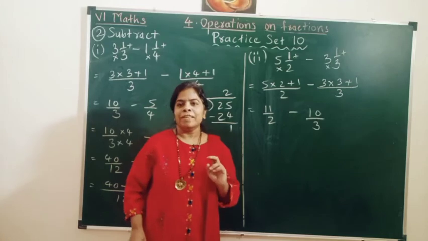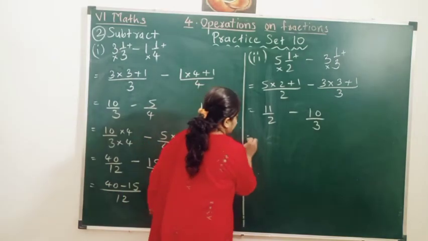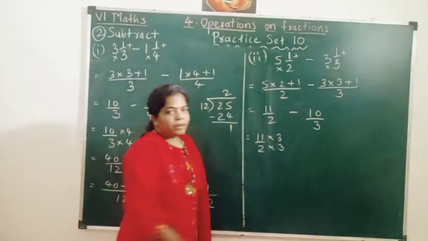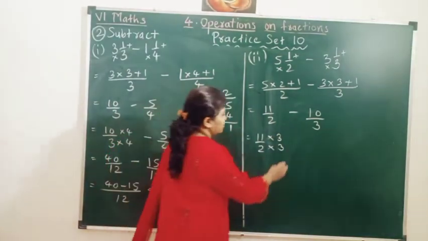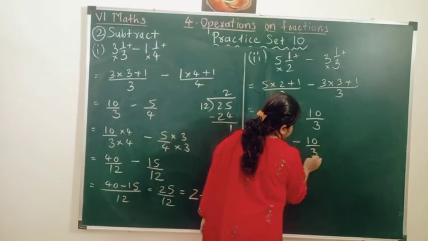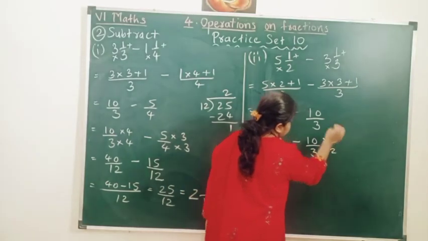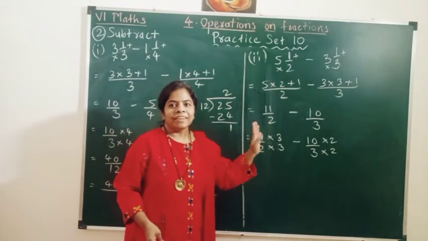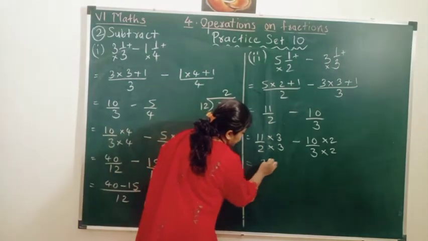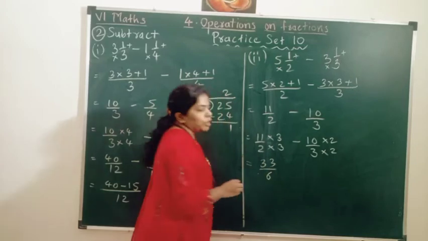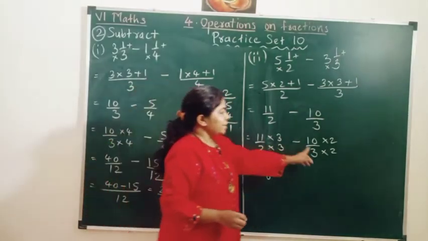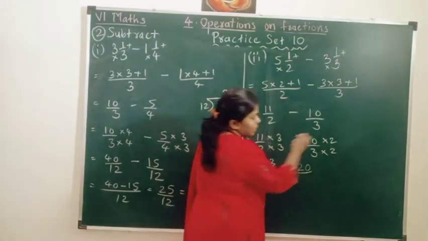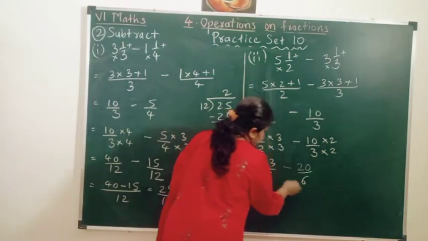So we will cross multiply them. 2 multiplied by 3 and 3 multiplied by 2. 11 3s are 33. 10 2s are 20. 3 2s are 6.